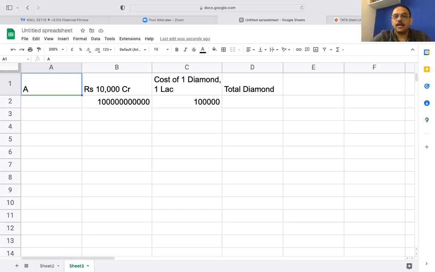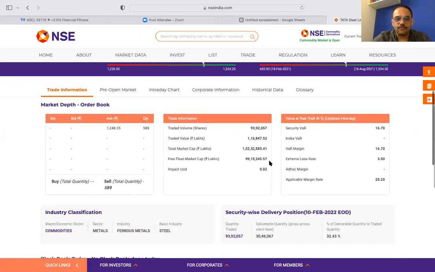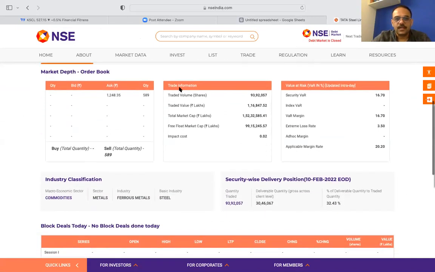Here I have opened the example of Tata Steel, one share. There are around 4,000 shares. If you see the traded value of Tata Steel, only one share today is 116,847 lakhs.